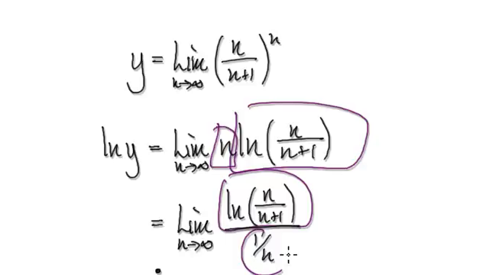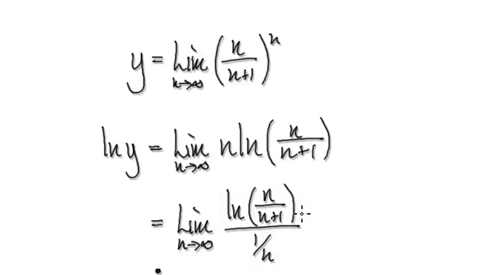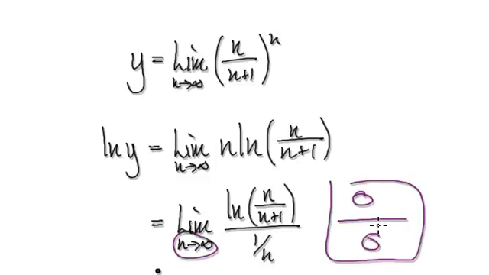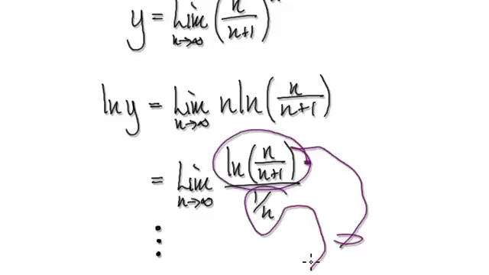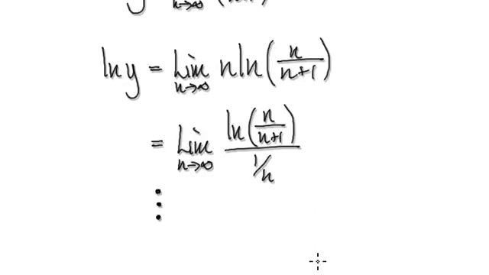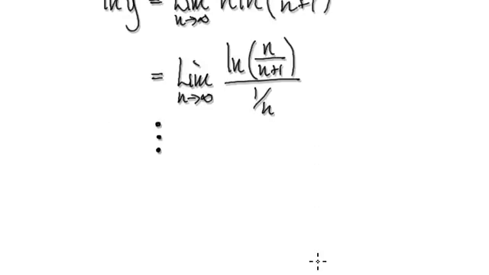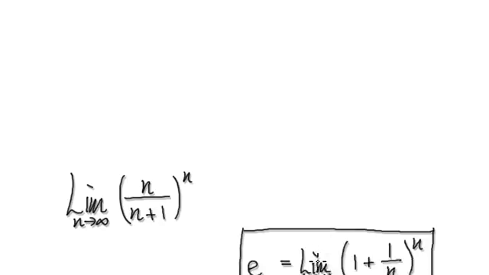You would rewrite as this over this, and then as n heads towards infinity, this will be 0 and this will be 0. Again, it's an indeterminate form, so you can apply L'Hopital's rule. So differentiate this, and so on. We've done this before.